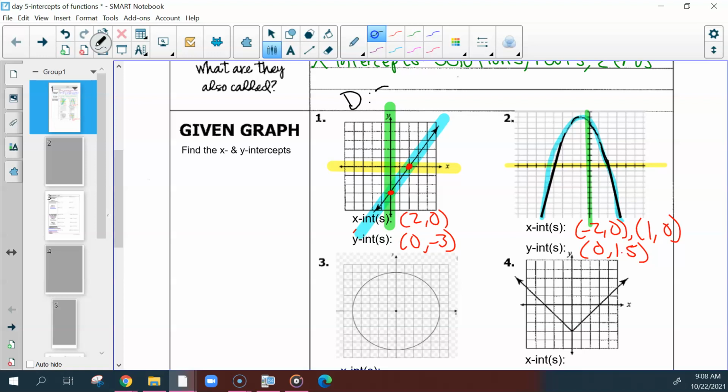Correct. So somewhere where you have space, you could write it in here. We're just going to write that the domain is all real numbers. What would the range of this one be? All real numbers also.